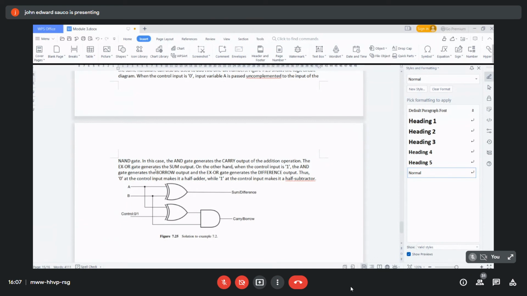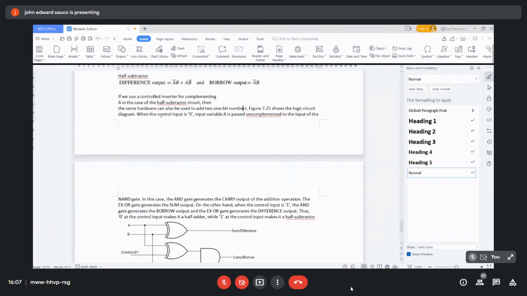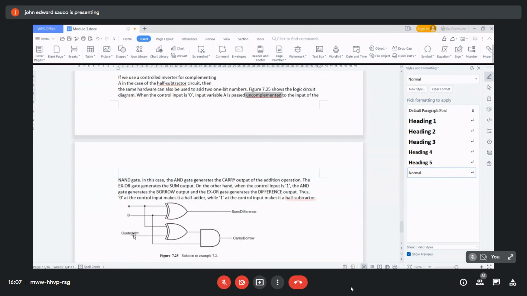Sinasabi lang dito na when your control input is 0, so yung input variable is passed and complemented. So, ibig sabihin, ang lalagay mo dito is 0. Kaya mo siyang makomplement. Okay? Tama yan. So, in the case, the AND gate generates the carry output and the XOR generates the sum output.